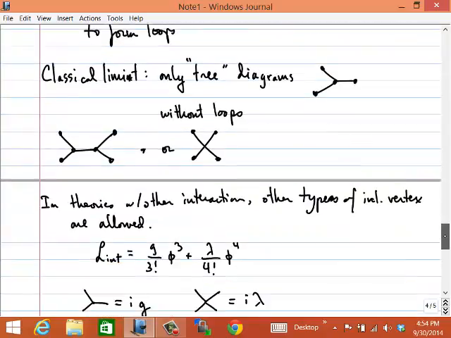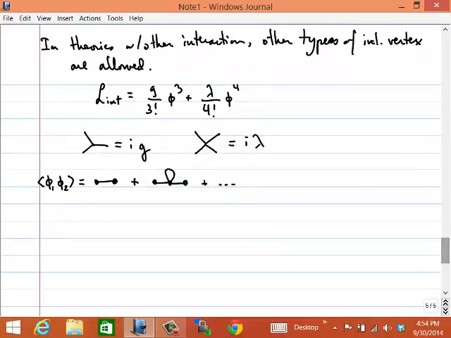Okay. So not only does this work for theories with other sorts of interactions, this also works for theories with multiple fields.